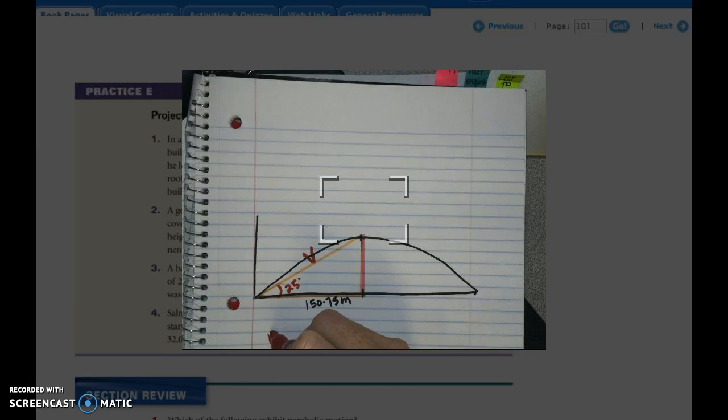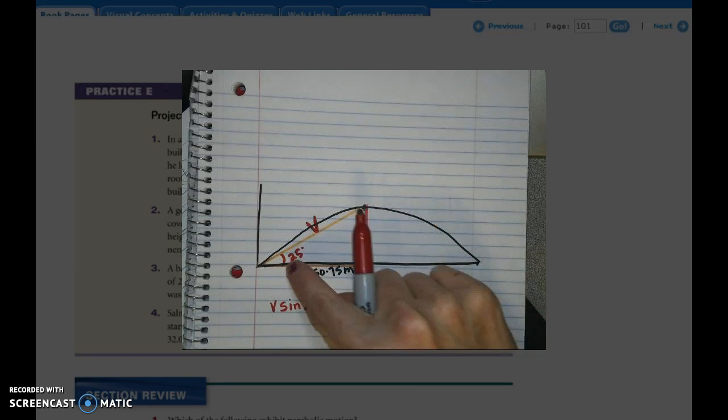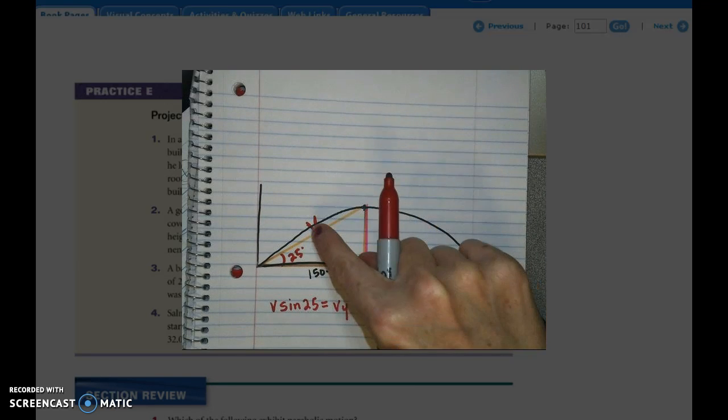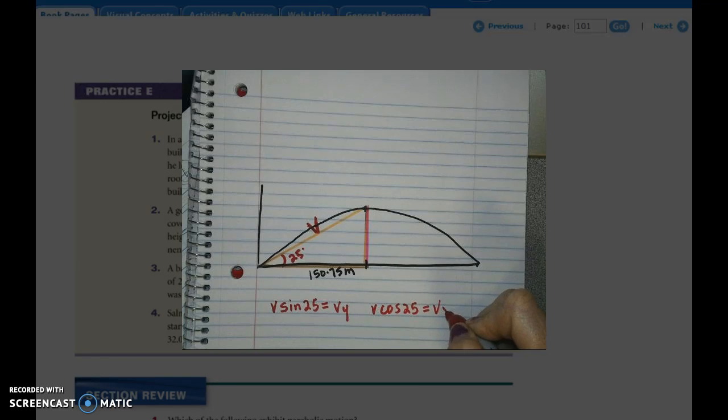So v sine 25 is equal to v sub y. We can also do the cosine of 25 is equal to v sub x over v. So that would mean that v cosine 25 equals v sub x.